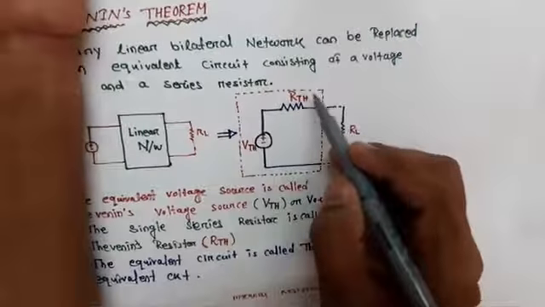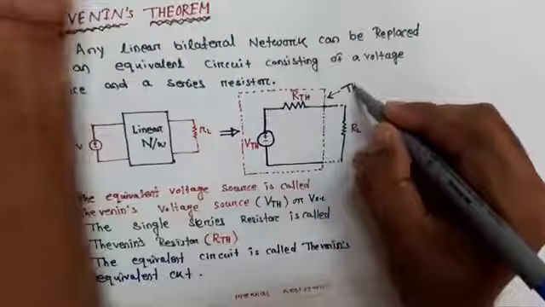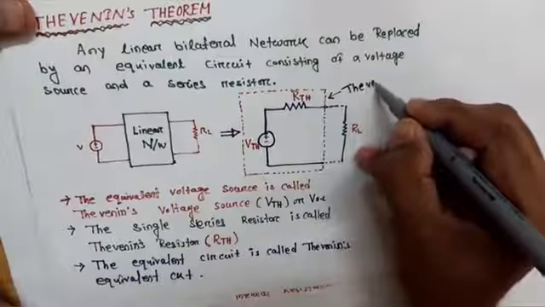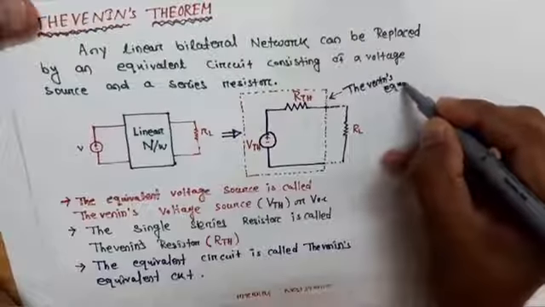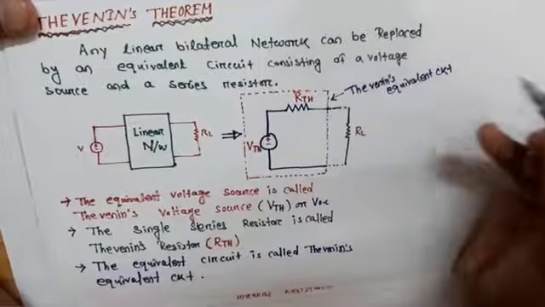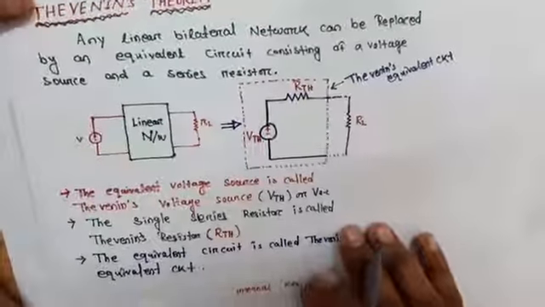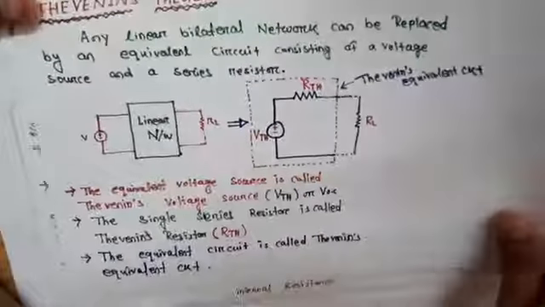This small circuit is called Thevenin's equivalent circuit.